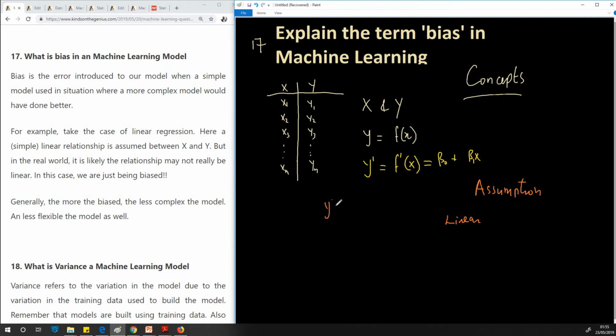Let's say y hat is equal to f of x hat, which is beta 0 plus beta 1 x plus beta 2 x squared, plus some error term.